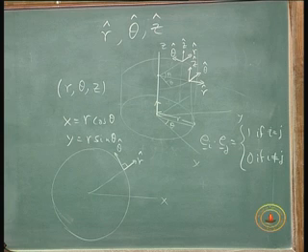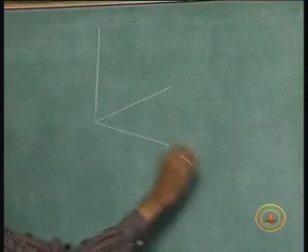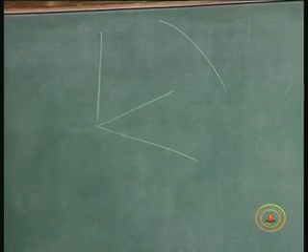Okay, now let us put the concepts we have got so far to work. Supposing I have a coordinate system and let us say a satellite is following some trajectory.